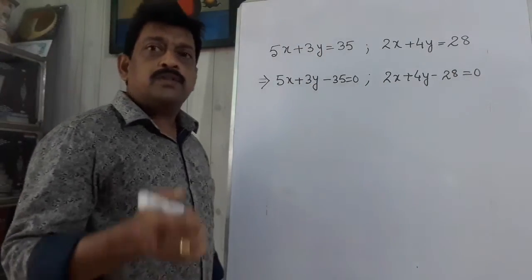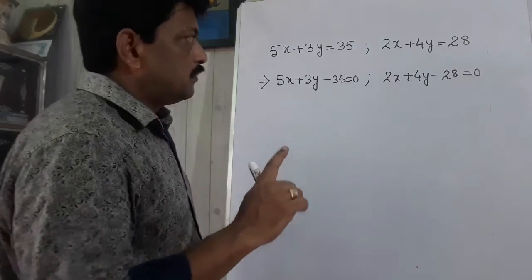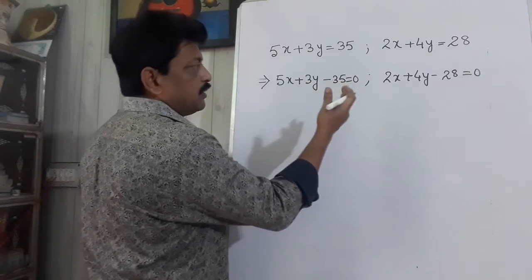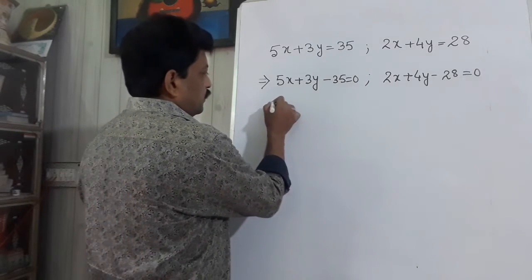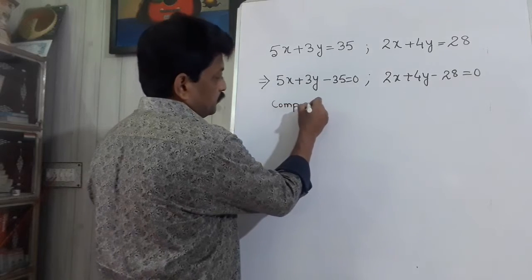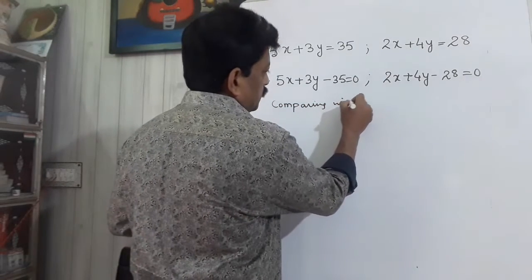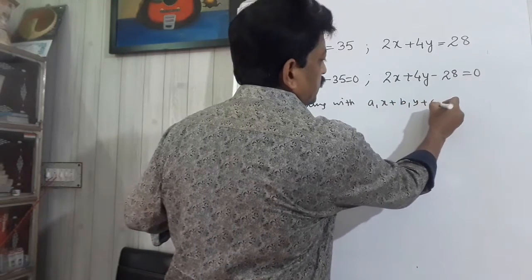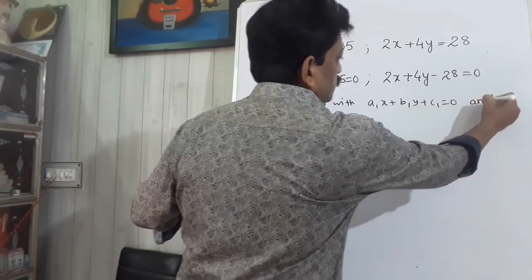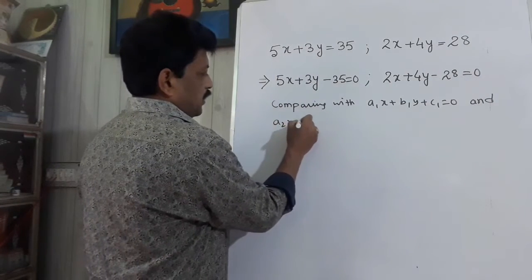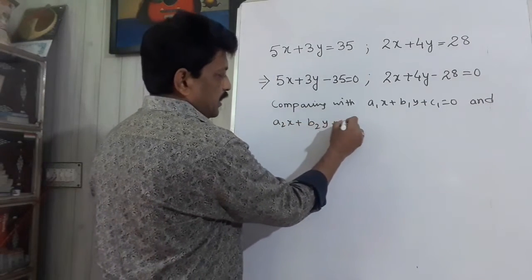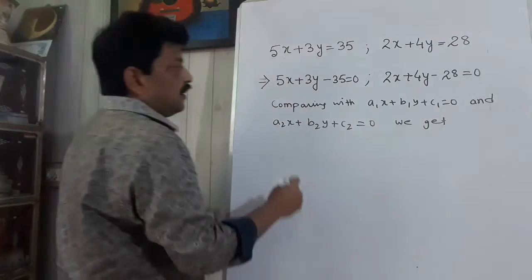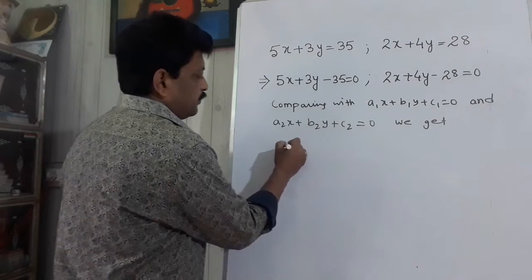Now let us compare with the general form of the equation and write down the values of a1, b1, c1, a2, b2, c2. Comparing with a1x plus b1y plus c1 equals 0 and a2x plus b2y plus c2 equals 0, first let us list the values of a1, b1, c1.